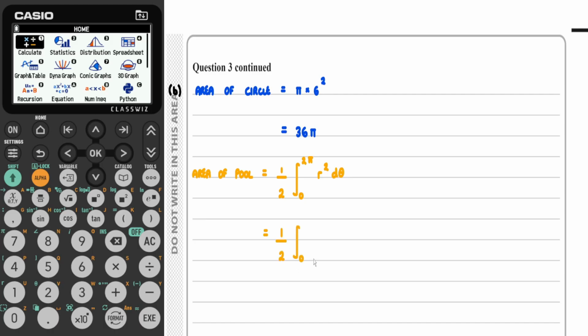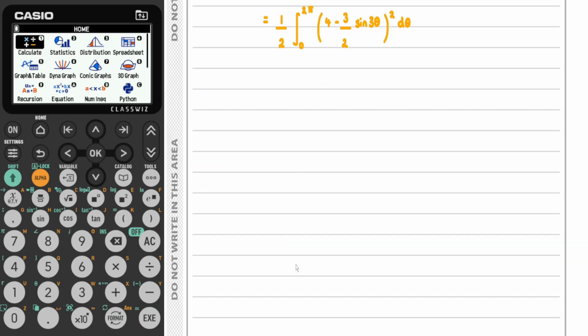So we have a half times the integral from 0 to 2 pi of (4 subtract 3 over 2 sine 3 theta) squared d theta. Expanding, I've got a half times the integral from 0 to 2 pi of 16 subtract 12 sine 3 theta plus 9 over 4 sine squared 3 theta d theta.